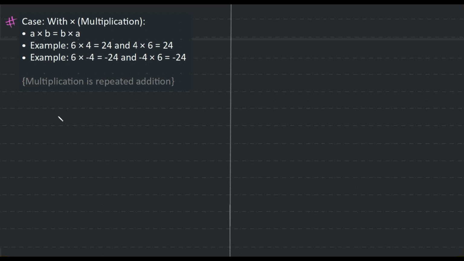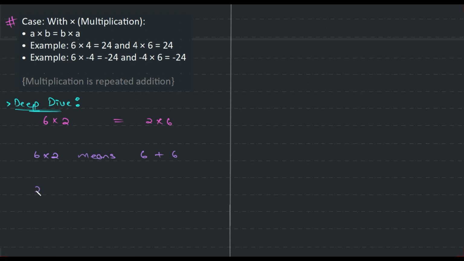Why does multiplication of, say, 6 into 2 give us the same answer as 2 into 6? Okay, let's deep dive into this. The first thing is, 6 into 2 means what? Means 6 is added 2 times.